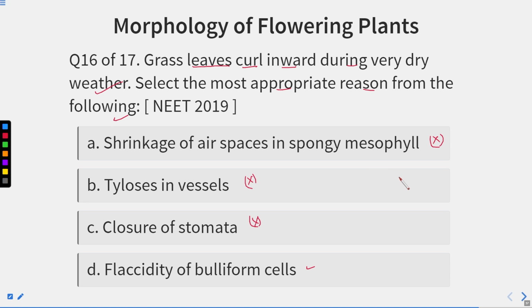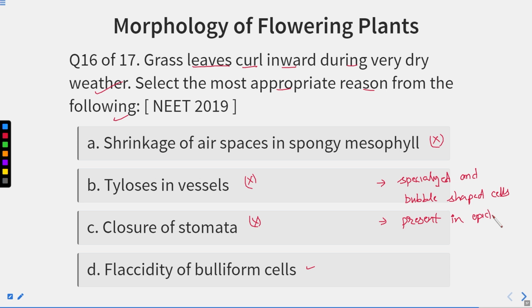Now what are bulliform cells? Bulliform cells are specialized, bubble shaped cells. And where are they present? They are present in the epidermis of monocots.